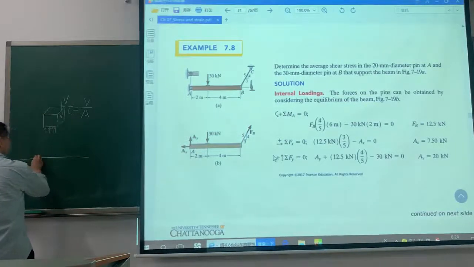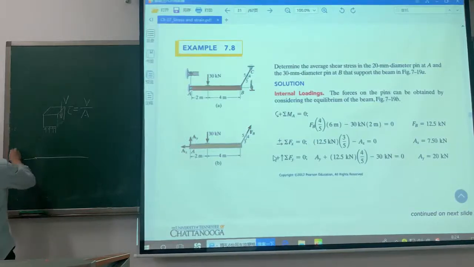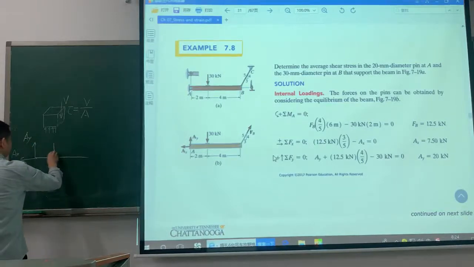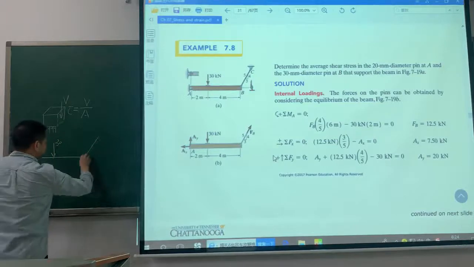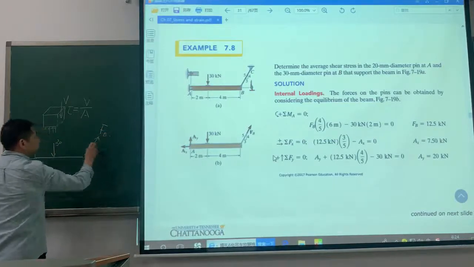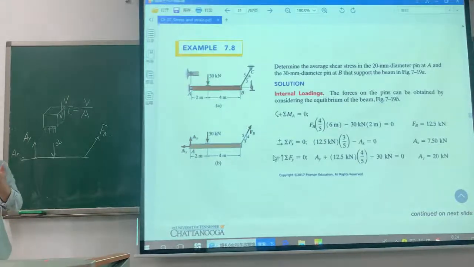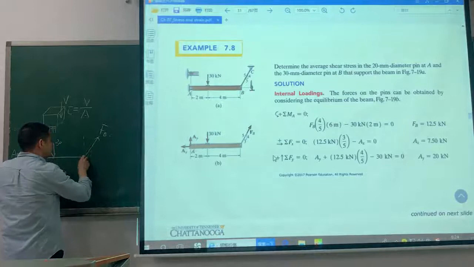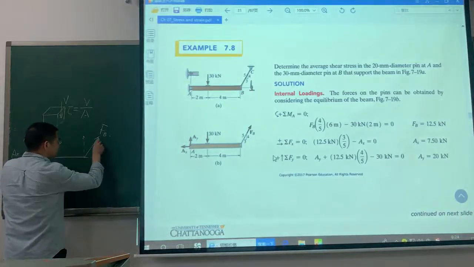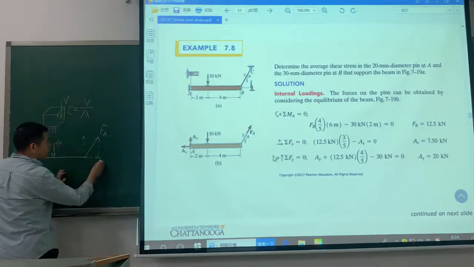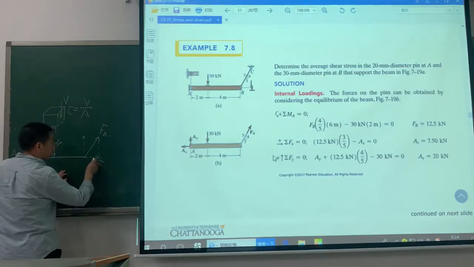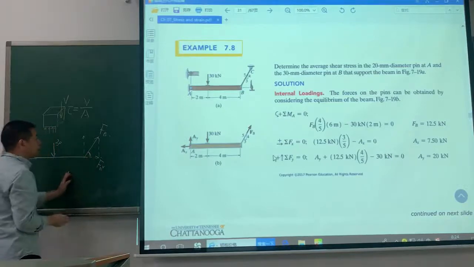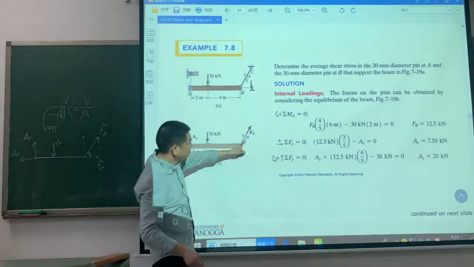It's A X, A1 is 30. FB is resolved into its two perpendicular components. This component is FB times 3/5.